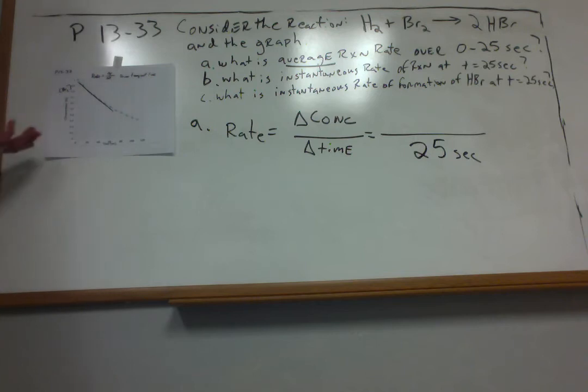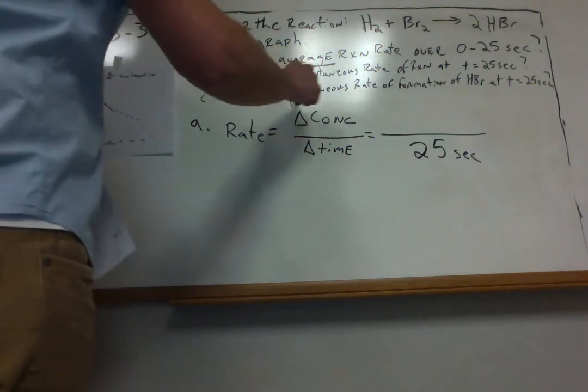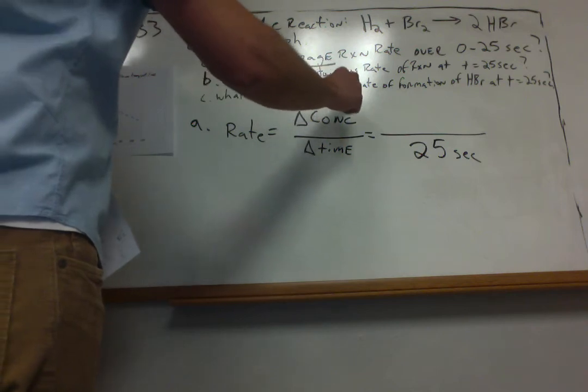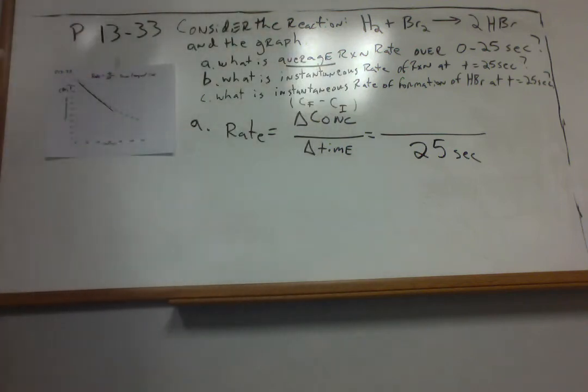Well, I'm given this data here that's a plot of the concentration of one of the reactants, the bromine, as a function of time. Okay, so I could basically look at this plot that's given in the book and extract out of it the data that I need to use for my change in concentration. Remember, my change in a value is always my final minus my initial. Okay, so C final minus C initial.